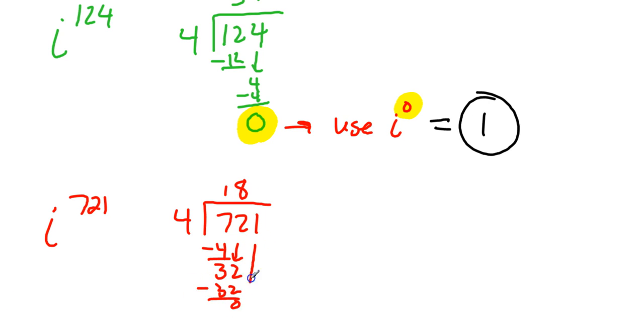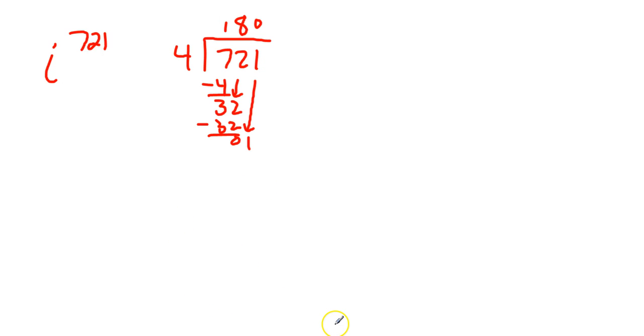It goes evenly, so when you bring down the 1, 4 won't go into 1. So you're going to have 1 left over. Again, because your remainder is 1, you're going to use i to the first power. If it's i to the first power, the answer is just i.